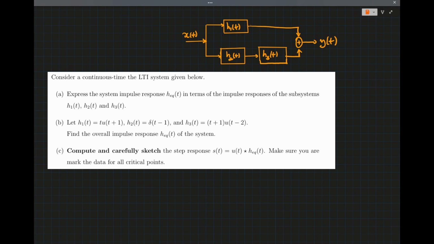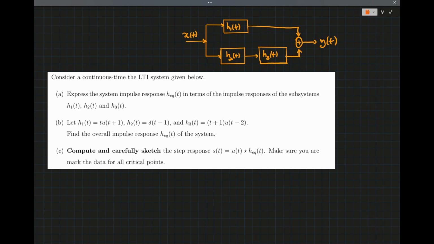What are the properties of the overall system, for example? Is the system memoryless, or is it time invariant? Is the system stable? Is the system causal? And so on.